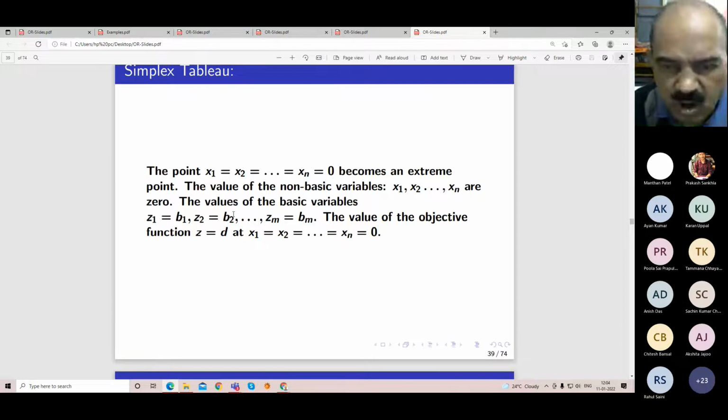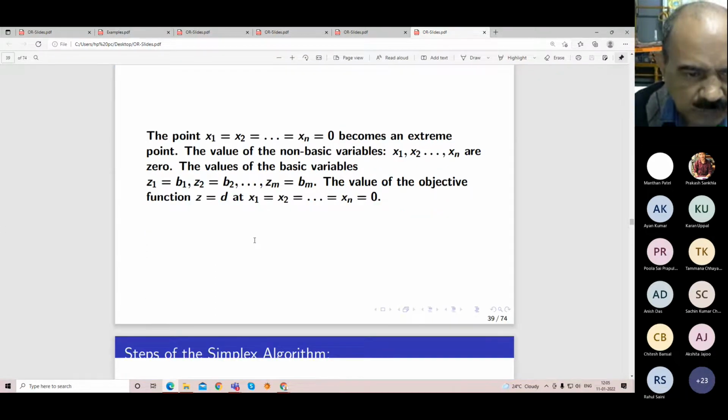We set all the non-basic variables to 0, like x1, x2, xn are 0. Then we find the basic variables z1, z2 up to zm. Once you set the non-basic variables x1, x2, xn to 0, the basic variable values become z1 equal to b1, z2 equal to b2, and so on, zm equal to bm, and the value of the objective function z becomes small d. So this is the very first table, the initial simplex table.